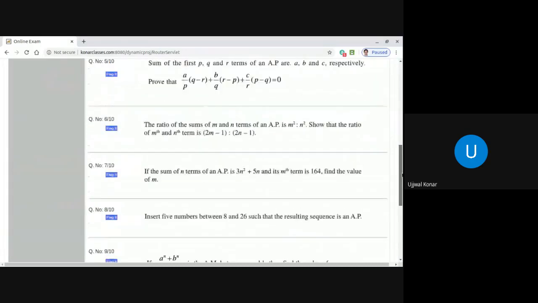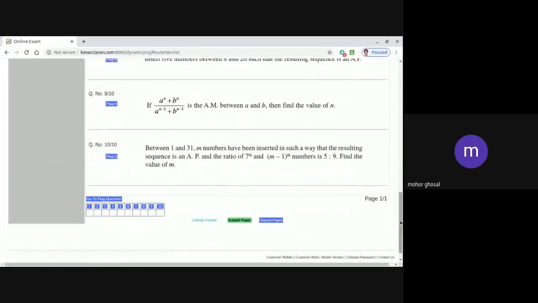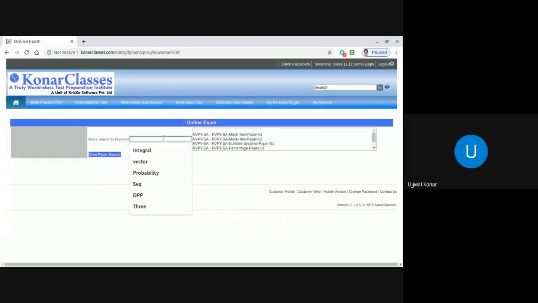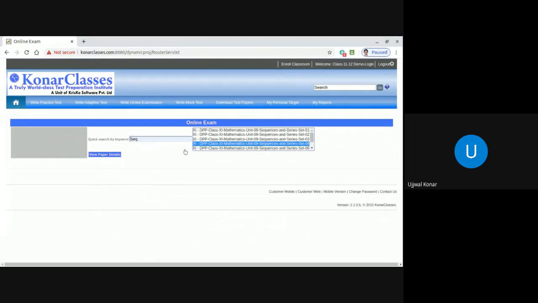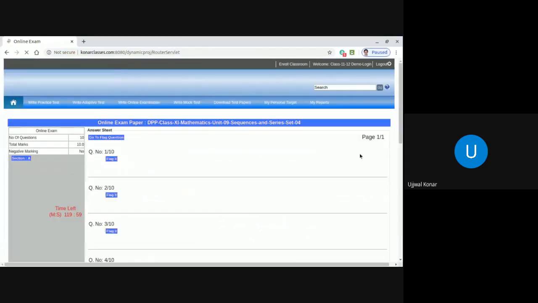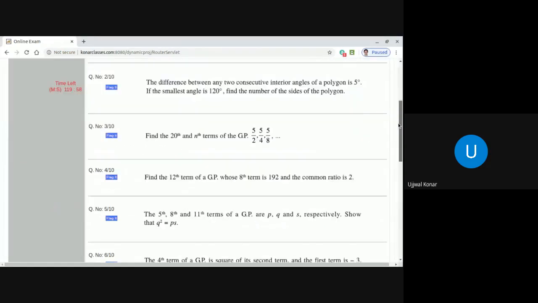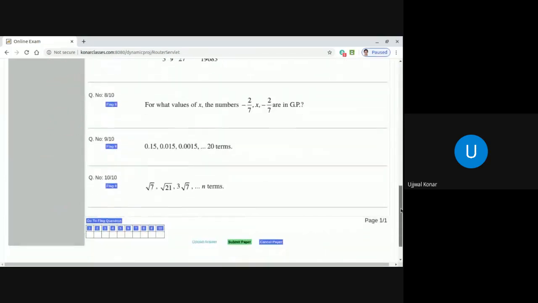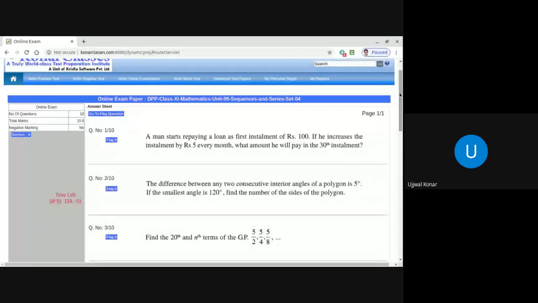So please work on this set 3. Then you go to set 4. Each and every problem is important. Okay, you do one thing, set 3 and set 4. That's it. I thought of giving more, but let's do it.